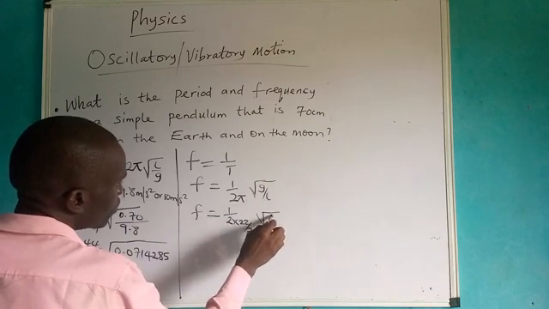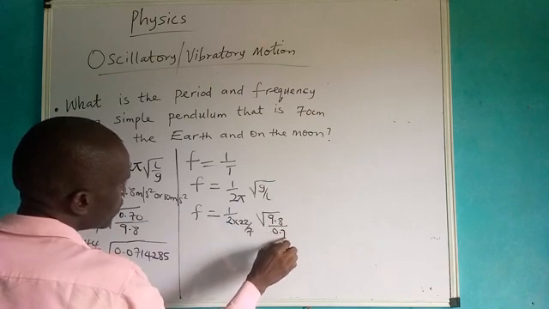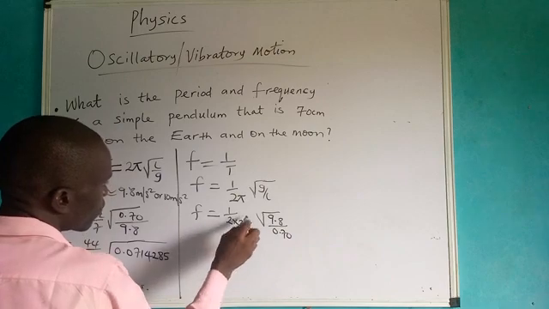What is g? g is 9.8, and we have our L, 0.70 or 0.7.